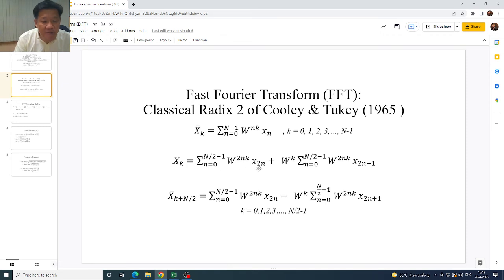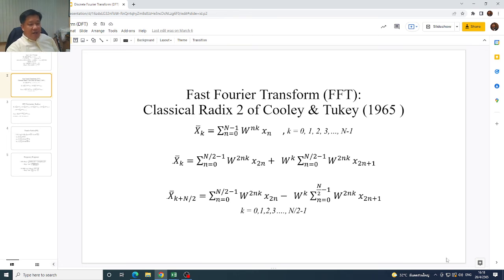So instead of needing, with capital N as 8, 8 multiplications and 8 summations for each k, and k has 8 possible cases, so you need 64 summations and 64 multiplications.